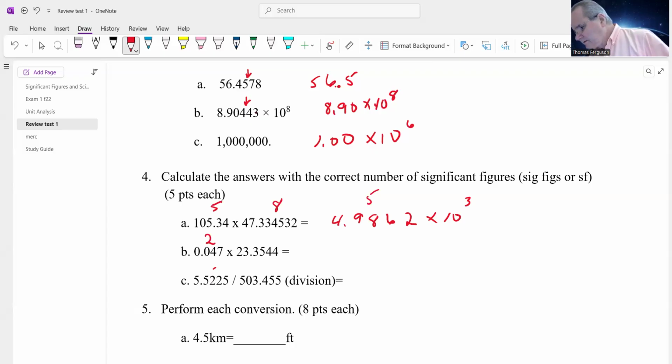Okay, 2 sig figs. 6. So your answer is going to have 2. And this one I'm going to have 5. 6. So the answer is going to have 5.